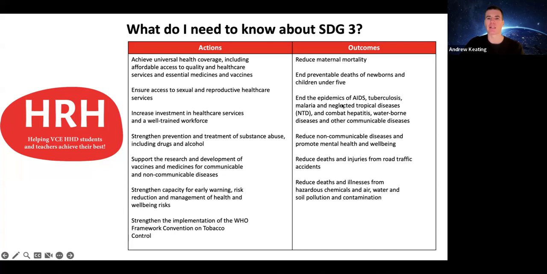There was a question about neglected tropical diseases. That demonstrates that the questions in the exam, and maybe your SACs, won't always be open-ended questions where you can choose whatever key feature of SDG 3 you're going to include in your answer. They might ask you about a specific key feature. So you should know each of these, and know a couple of sentences about them and what they're trying to achieve as part of SDG 3.